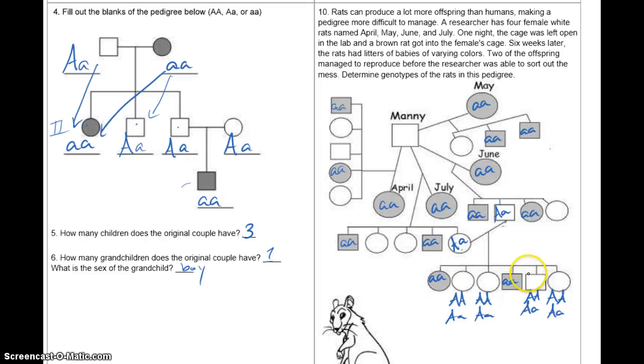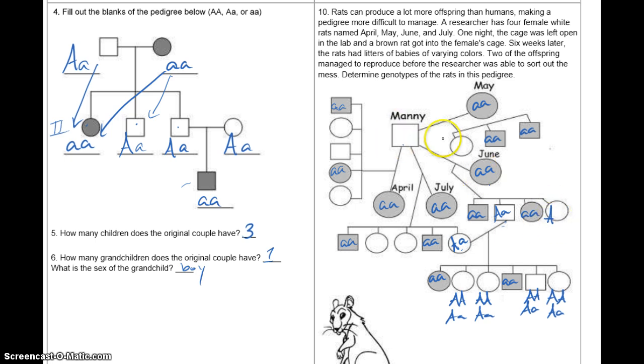And then from that group, I would move on to, let's say, this group here, where we have 3 individuals already filled in from the pairing of Manny and June. We know that this individual is a female rat, and we know she has at least one big A because she's not albino.